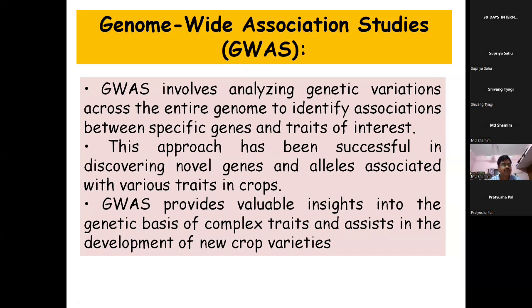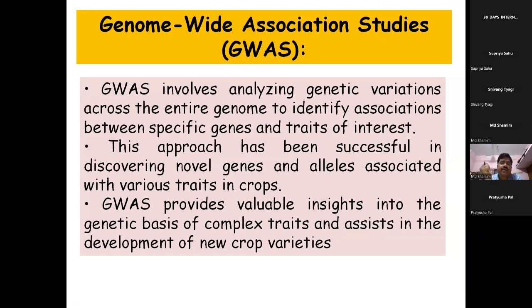So the last one is genome-wide association studies, commonly known as GWAS. GWAS involves analyzing genetic variation across the entire genome to identify associations between specific genes and traits of interest. In this method, there is no crossing or hybridization involved.